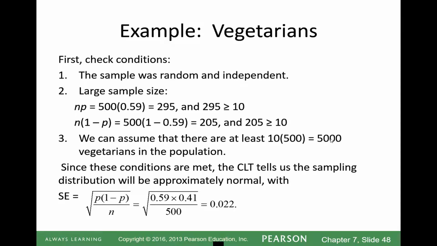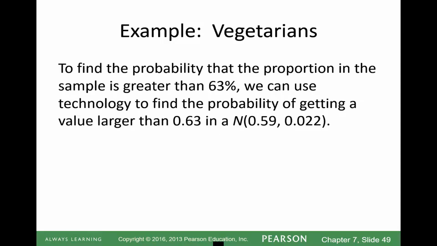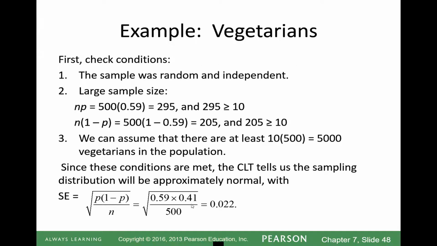Since these conditions are met, it will be normal with the standard error given here. Remember, the standard error deals with the variation between samples, like a standard deviation between the samples.